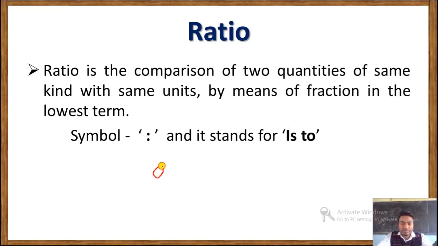Now here you can see I have written A ratio B. Comparison we can show like this. A ratio B, and this we can write A by B in fraction form.